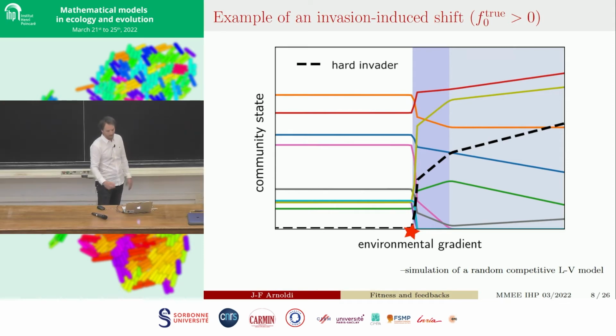As long as the invasion fitness is below 0, nothing is happening. But at the red star, the invasion fitness becomes positive. The invader can invade, and because its feedback is positive, it causes some abrupt shift. Some species go extinct. You can kind of see it behind there. This blue one goes extinct, and you have this reorganization.